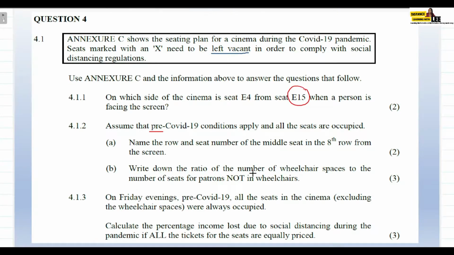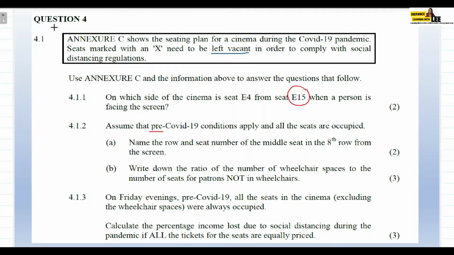We need to use that context to help us answer these questions. Let's have a look at question A. Determine the row and the seat number of the middle seat in the 8th row from the screen.